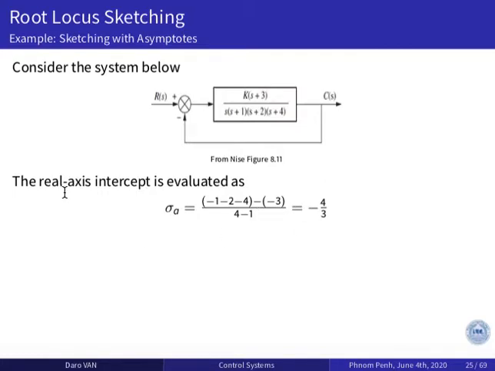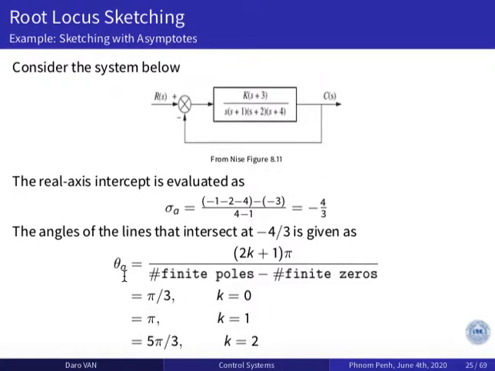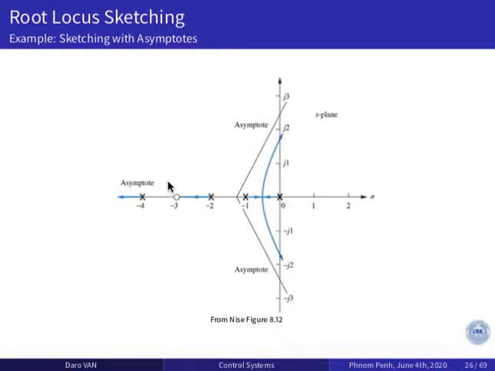So the real axis intercept is at minus 4 over 3. And also the angle can be computed. You can give k equals 0, k equals 1, k equals 3.